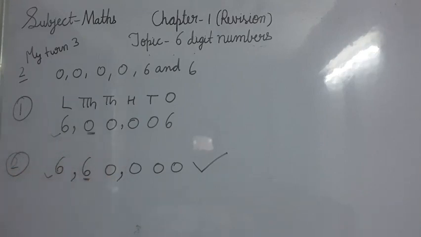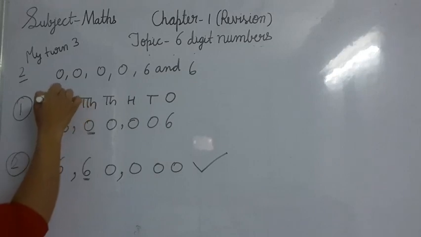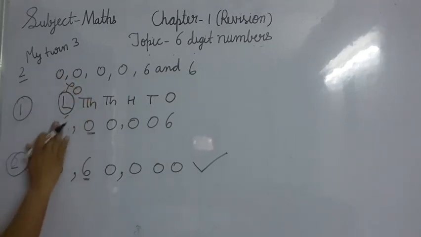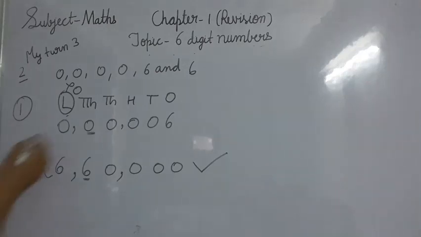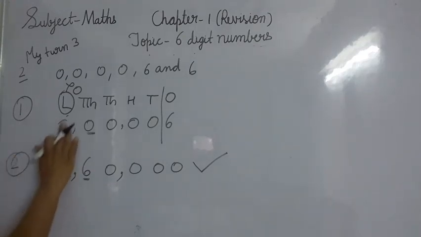But one thing you have to remember. On the lakh place you cannot write 0. If you write 0 here, it's not a 6-digit number. It becomes only a 5-digit number. You have to start from 6 here. You cannot write 0 here, beta.